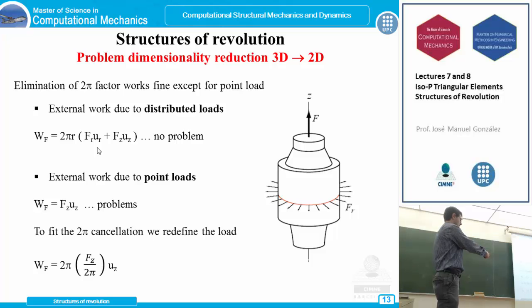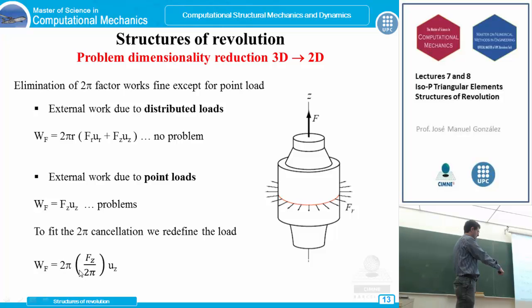But when we have an external point load in the axis, we have some small problem, because in the dimensionality reduction we don't have a 2πr extension of this load, because the load is only F times the displacement. This is the external work due to the point load acting in the axis. So usually what we have to do is to fit this load using this trick. We divide the punctual load by 2π, so we multiply by the same thing.